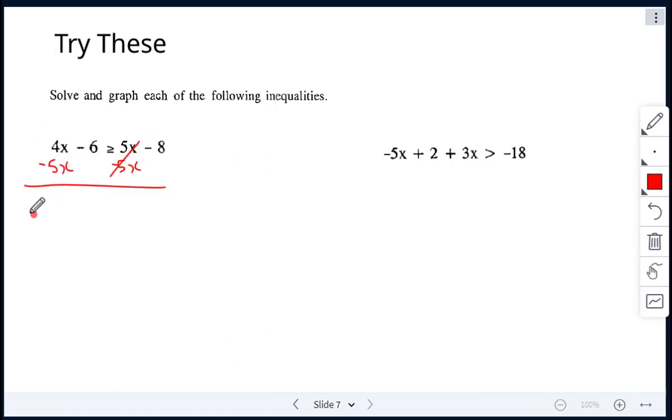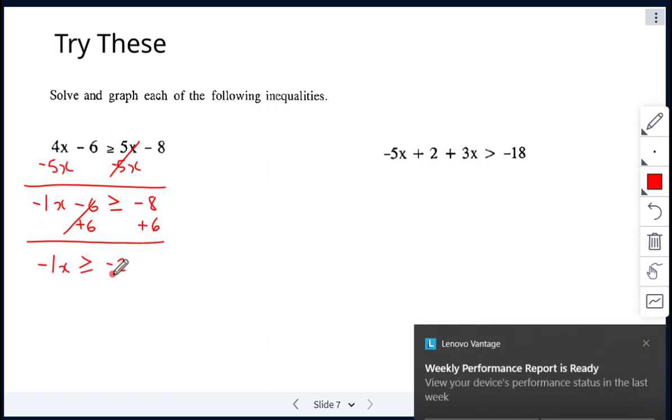On the left side, I end up with negative 1x minus 6 is greater than or equal to negative 8. Next step, I have to add the 6 to both sides. Okay, that leaves me with negative 1x is greater than or equal to negative 2, because negative 8 plus 6 is negative 2.